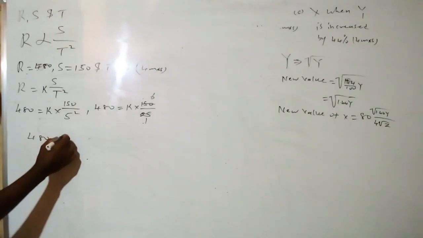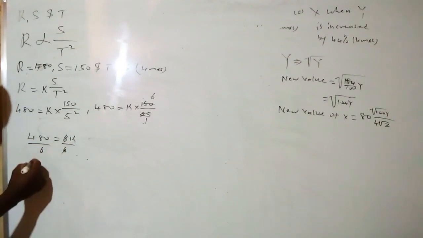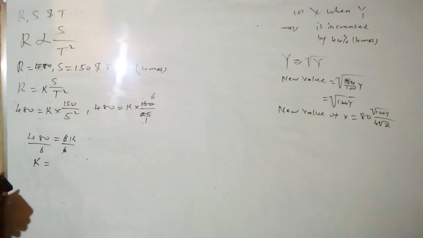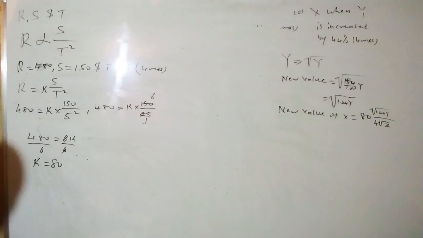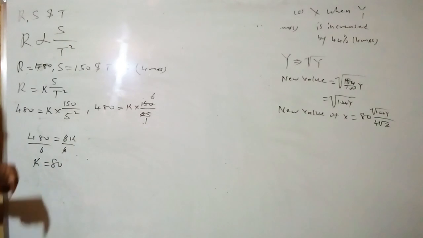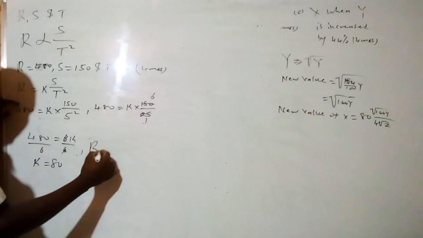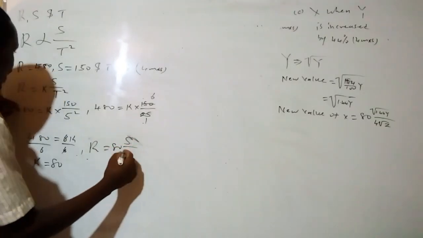You divide by 6 on both sides, and K is 80. It's similar to the other one that we have done. That is our constant. The equation connecting them will be R is equal to 80 times S all over T squared.